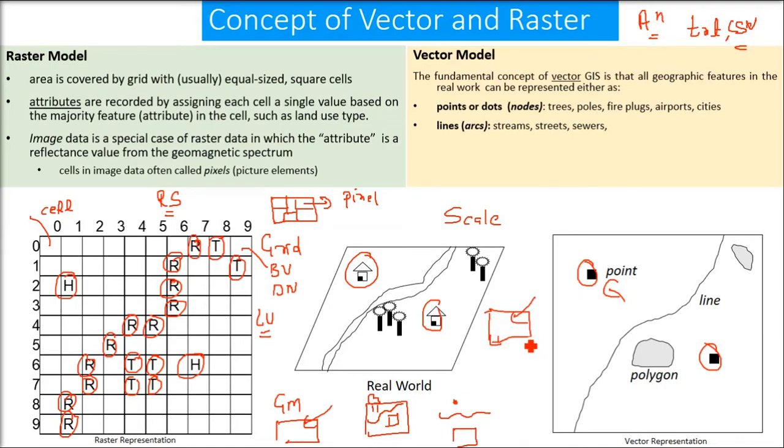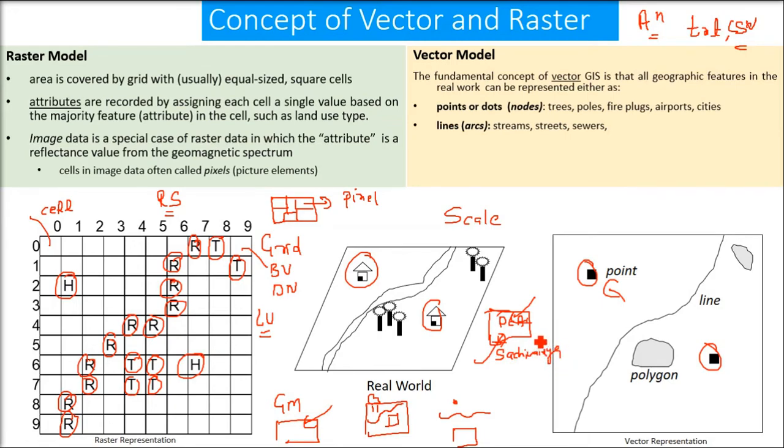So large scale and small scale maps, it depends totally on which kind of map you're dealing with. For example, if you take an area and your map covers a very small area, say your house only, then you cannot represent your house as a point, or say your colony or any place, a secretariat or sachivalaya.